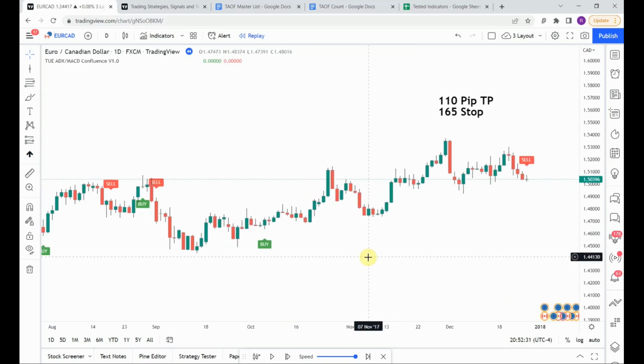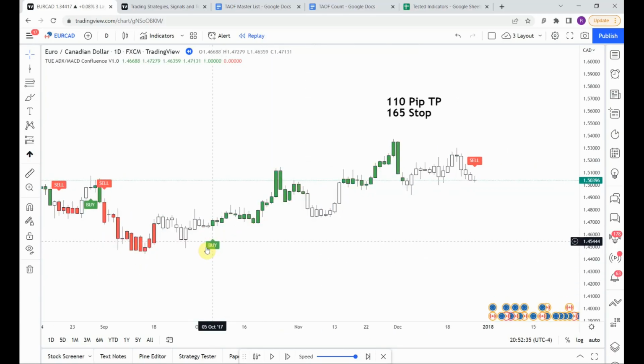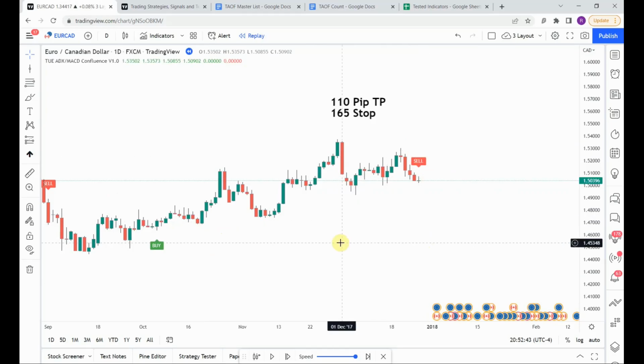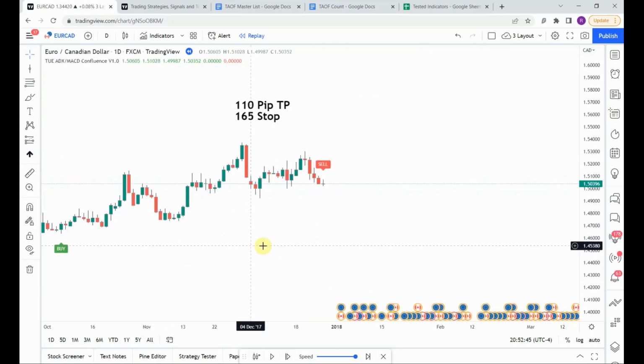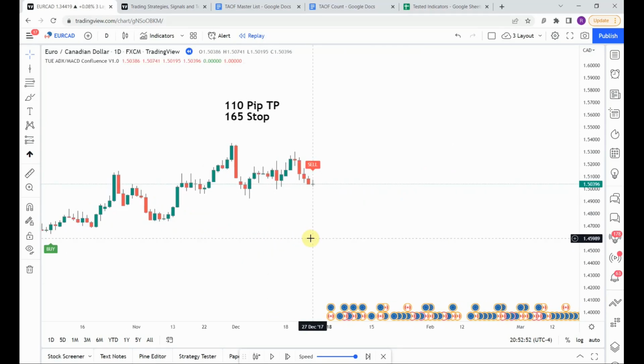And so as you guessed, when we get a green buy tag or buy label, then we are going to go long. When we get a red sell tag or sell label, then we are going to go short. So pretty simple. Let's go ahead and get on with the testing and see what we can get out of it.